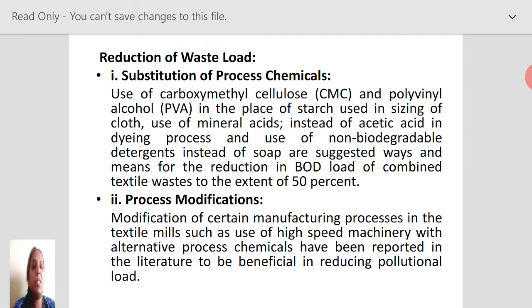As we already saw, we have to segregate the large volume of wastewater which has less pollution load from the small volume of wastewater which is high in pollution, so that only that small volume can be easily treated with the advanced treatment methods we have seen. After that segregation, we can go for finding out what recycling and reuse operations are possible inside this textile mill or whatever the industry is.